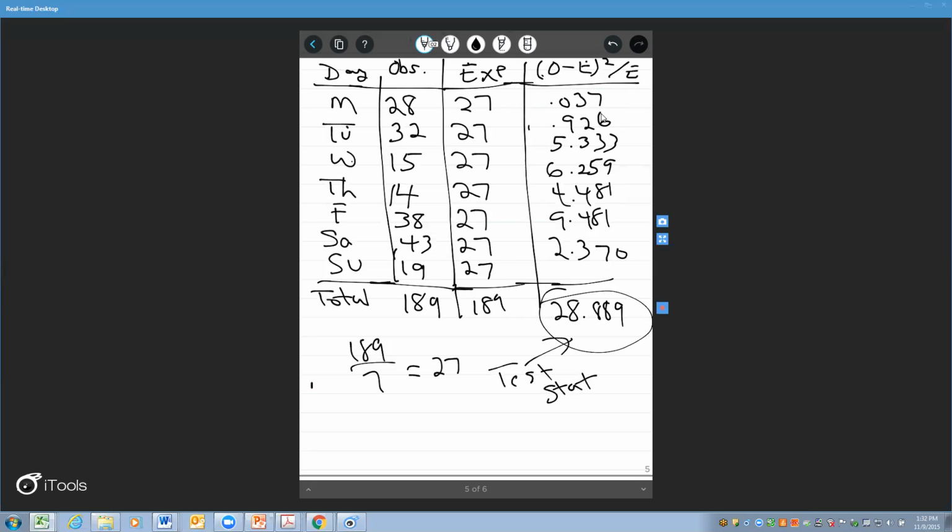This was a chi-squared value. We want chi-squared sub test, which is the sum of the observed minus the expected squared over the expected.